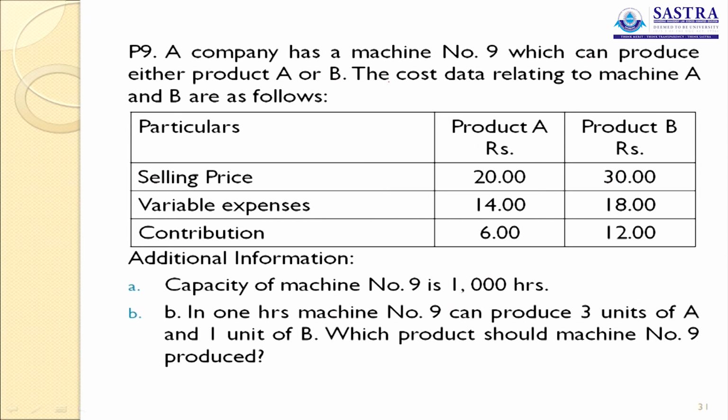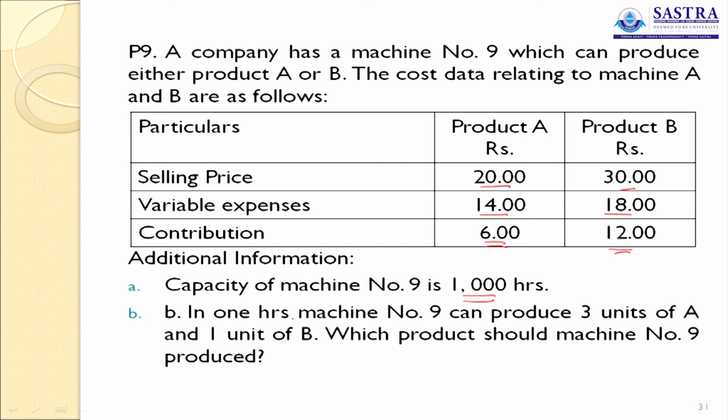A company has machine number 9 which can produce either product A or B. The cost data relating to products A and B are as follows. Product A, product B: selling price 20, 30; variable cost 14, 18; contribution 6 and 12. Additional information: capacity of machine number 9 is 1000 hours.